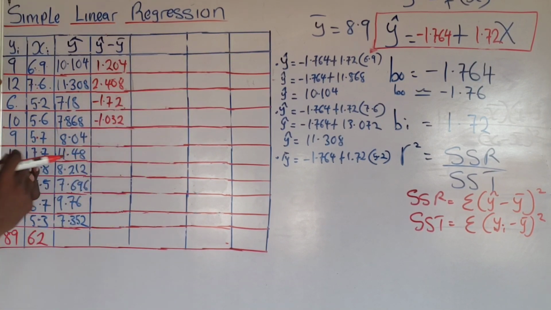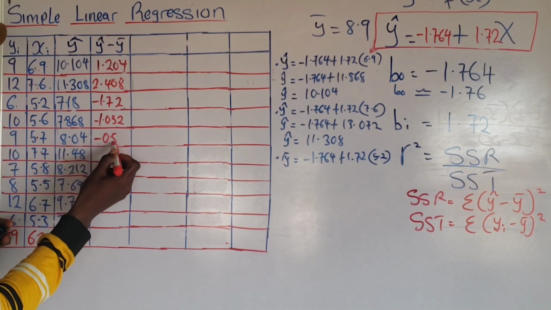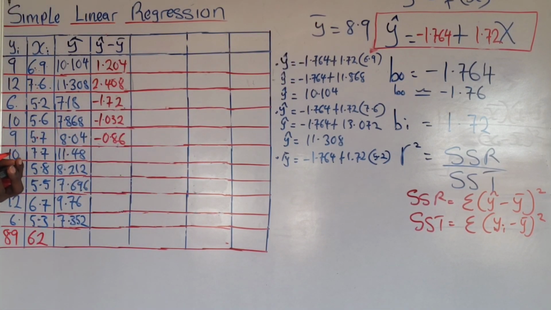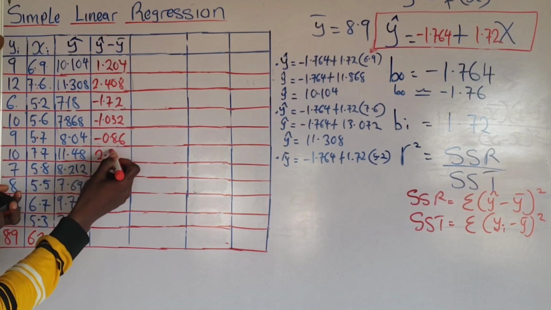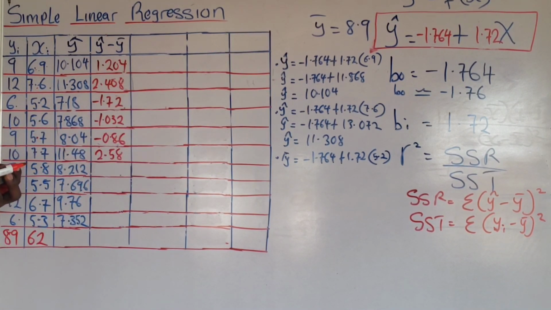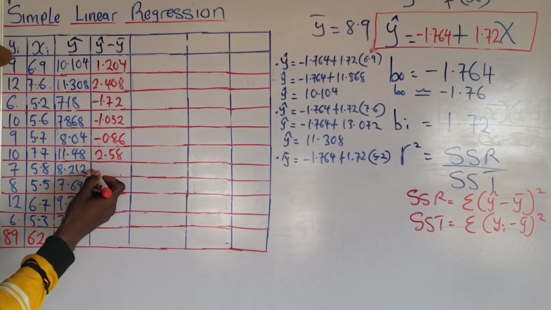8.04 minus 8.9, that is negative 0.86. And for this, 11.48 minus 8.9, that is 2.58. 8.212 minus 8.9, that is negative 0.688.